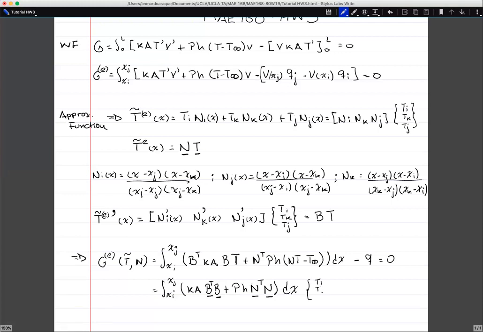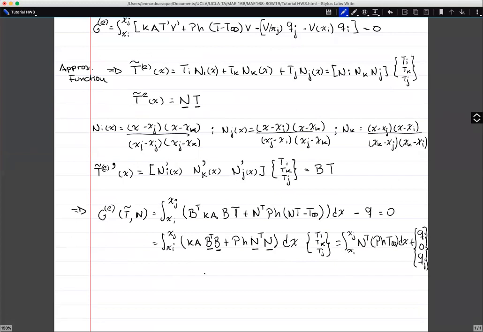T is the vector containing the unknown coefficients, and on the other side we have the force vector, and the vector lowercase q representing the boundary conditions in this problem.